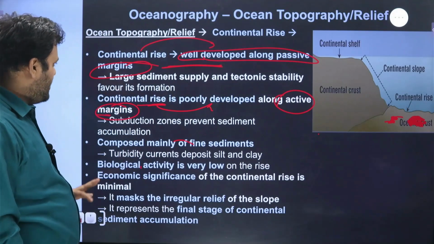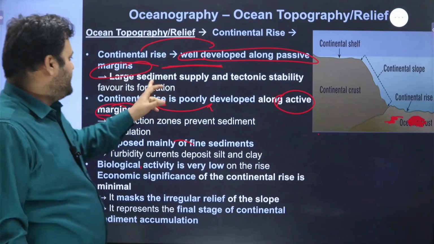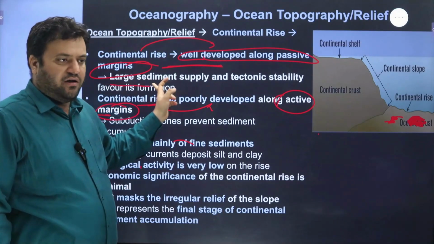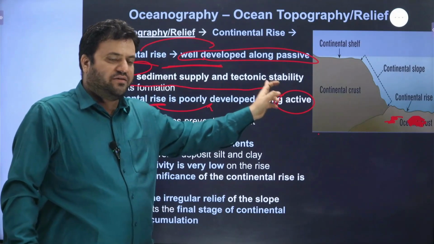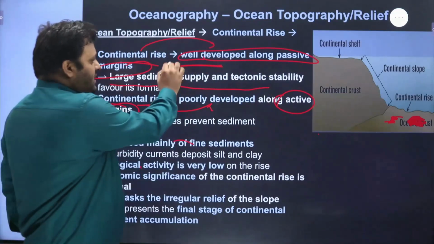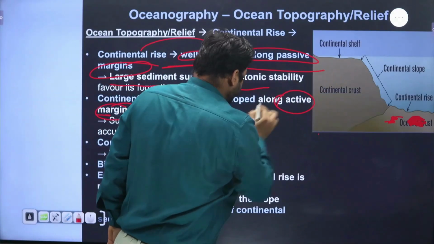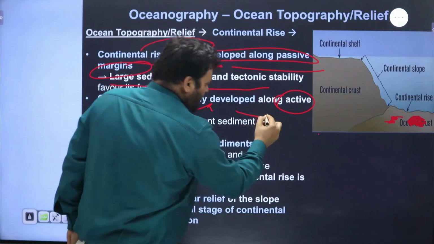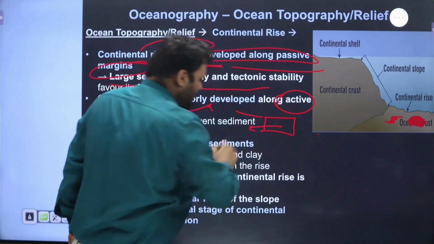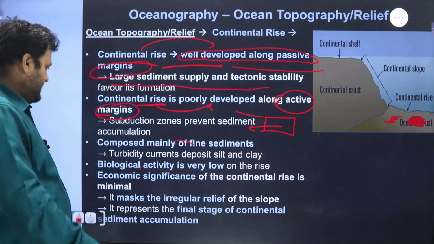For a passive margin, because there we have a large sediment supply and tectonic activity is stable, you would see broad extension. Here the continental slope will be like this because it may be subjected to tectonic activities.